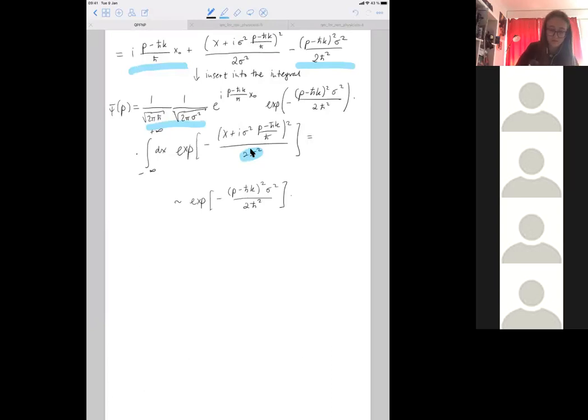What you also have to find in this exercise is the expected values of h, p, h squared, and p squared. And the procedure is just the same as we did now.